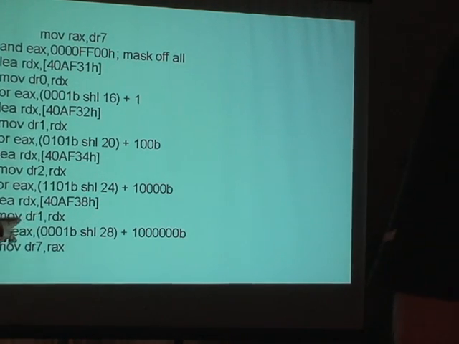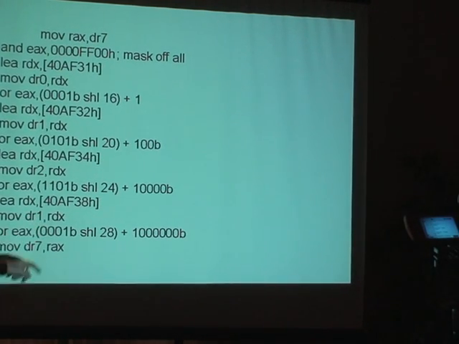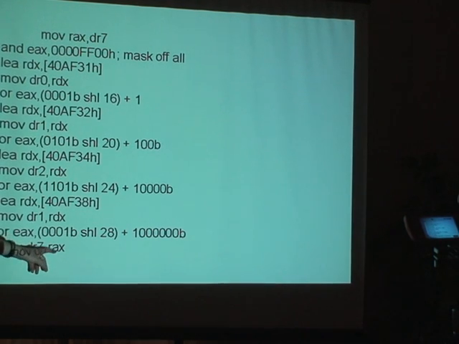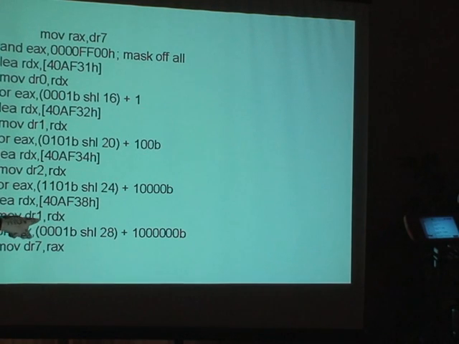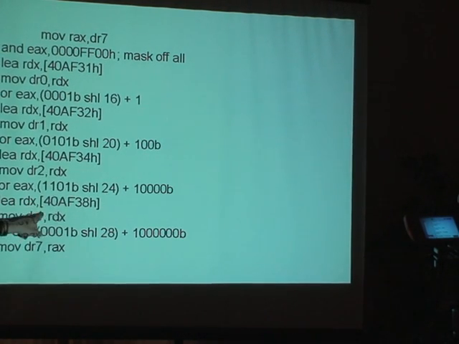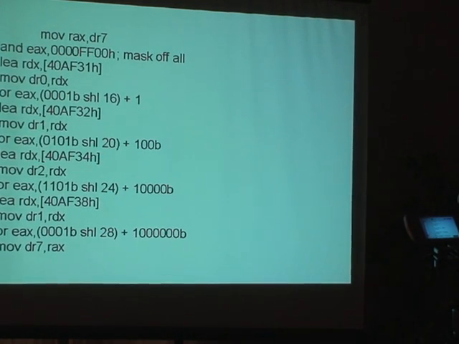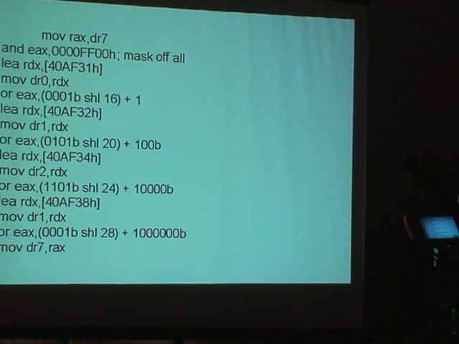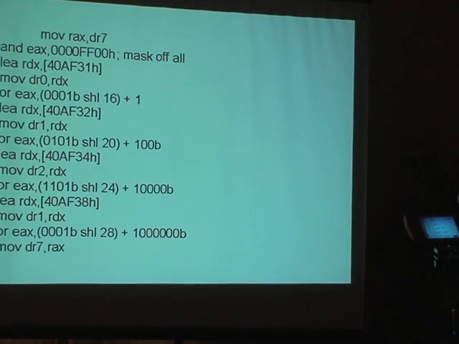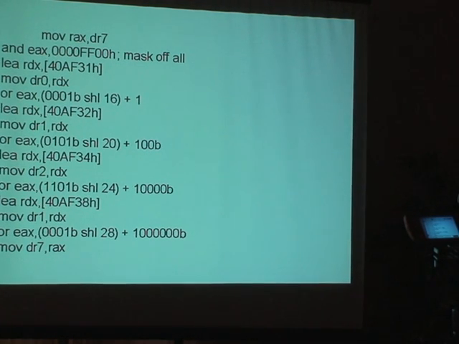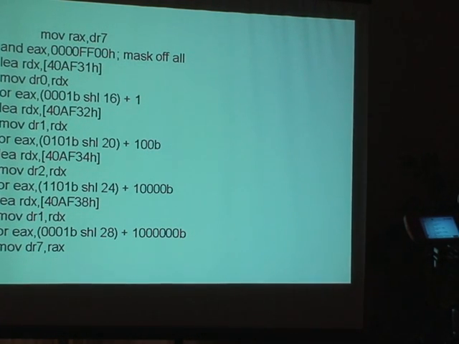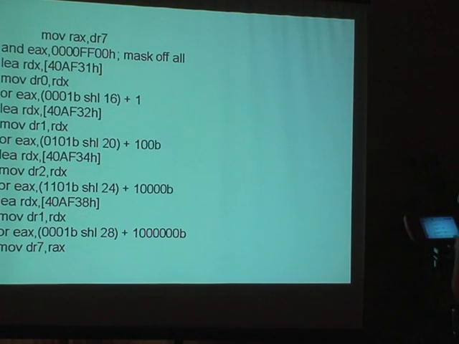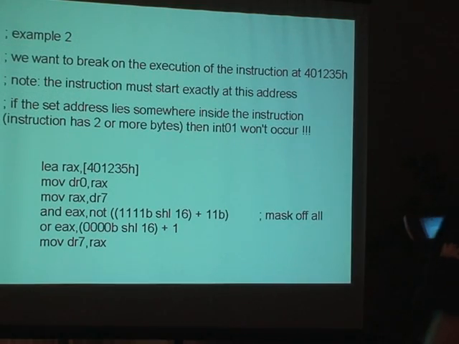Another arrow, it should be debug register 3. Yeah, and at the end, we write the value into debug register 7. No, it's correct, this is loading the address. Yeah, debug register 3. And after this setting, we are allowed to resume the execution of code, and we can wait till some instruction accesses the memory in this range.